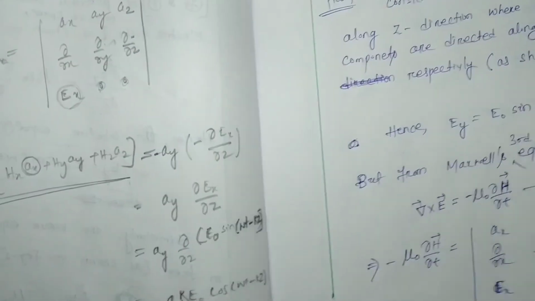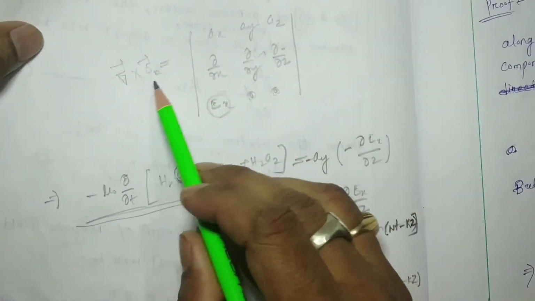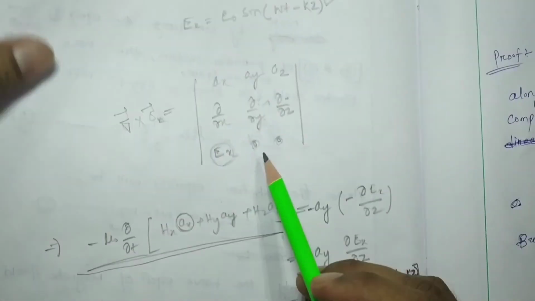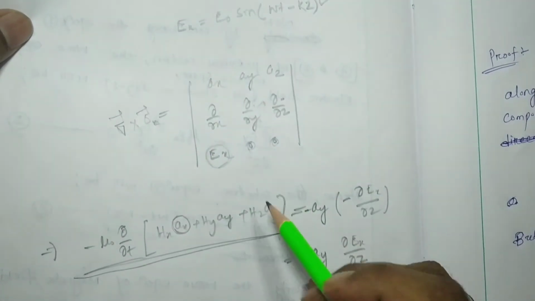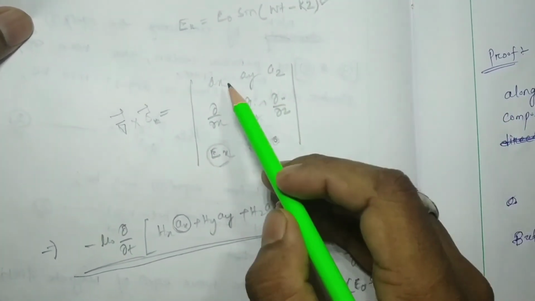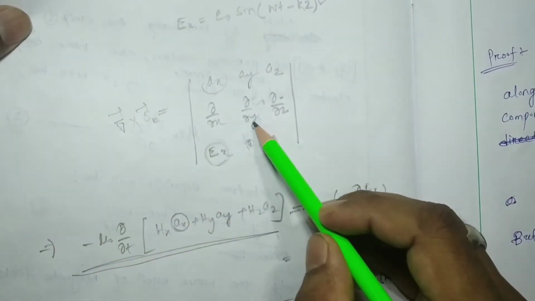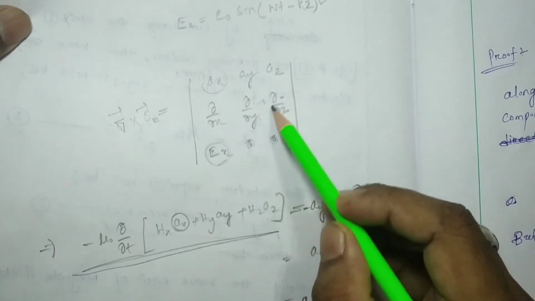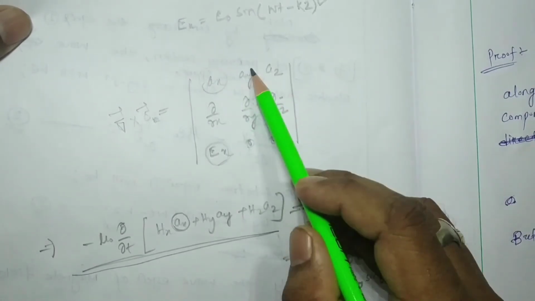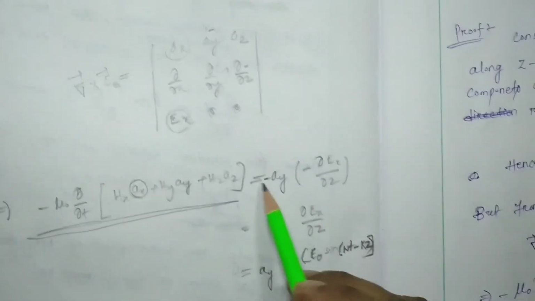So now on the right hand side, the curl of this E, if we evaluate it, you just see the ax term. If we consider it, then del by del y of 0, del by del z of 0, so 0. Okay, ay, that means minus ay will be equal to how much?